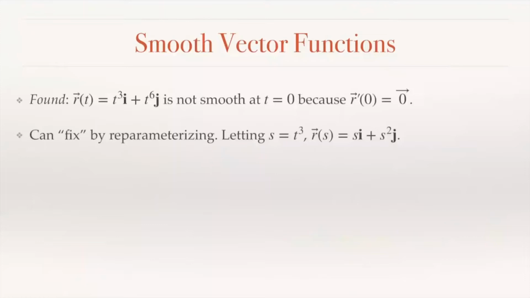So for example, letting s be t cubed, then that's now s, and this is s squared, because t to the 6 is again t cubed squared, which is s squared.